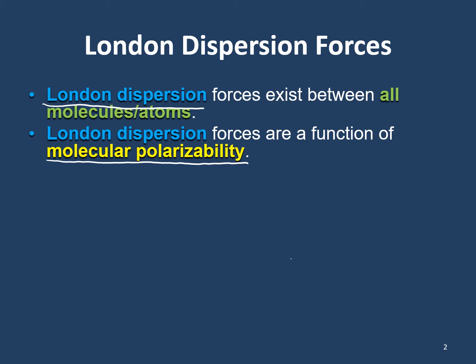And when we talk about polarizability, what we're really saying is that there's the possibility for what we call temporary dipole moments. And temporary dipole moments are where, for an instant, there might be more electrons in one part of the molecule versus the other part, creating a gradient of charge, which is what we know is a dipole moment from chapter 9 and 10.